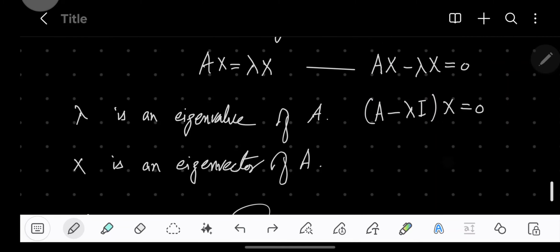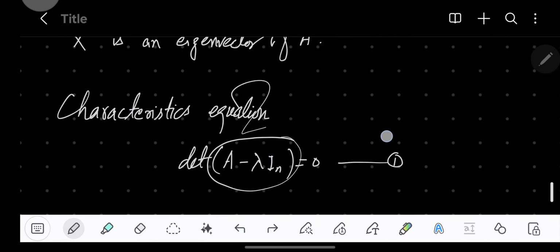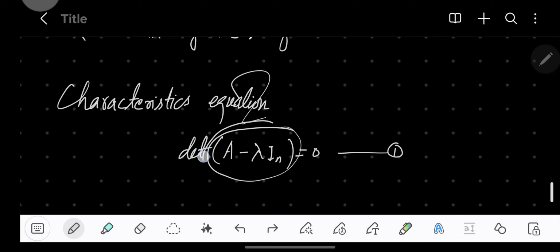So this equation has a unique solution if and only if this matrix has an inverse, and this matrix can only have an inverse if its determinant is not 0. But here we have supposed that this determinant is 0. So that means we are not interested in that solution.